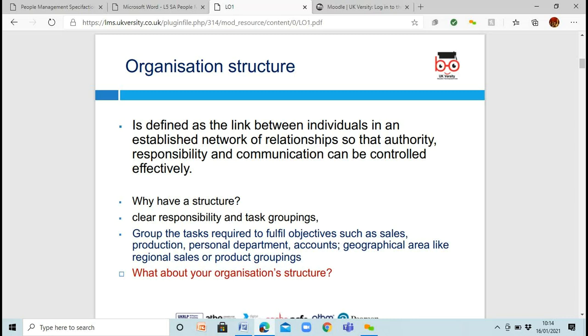Well, the reason for that is that you need a clear responsibility so that you know that each certain group is tasked with a certain thing that they need to do. So by grouping the tasks, you're required to fulfill the objectives. So things like sales and production or personnel departments or accounts. So this is what happens when you're having a clear structure so everybody knows what is actually going to go on.